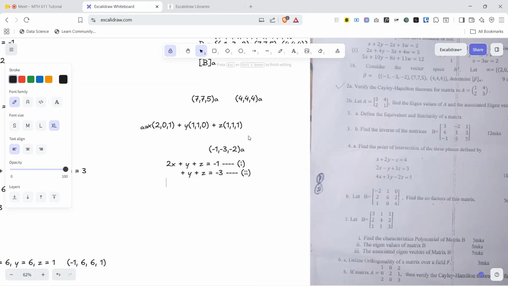Then for the third one, we have x plus y is 0, so we don't have any representation for y. So that will be plus z equals to -2. So this is equation 3.